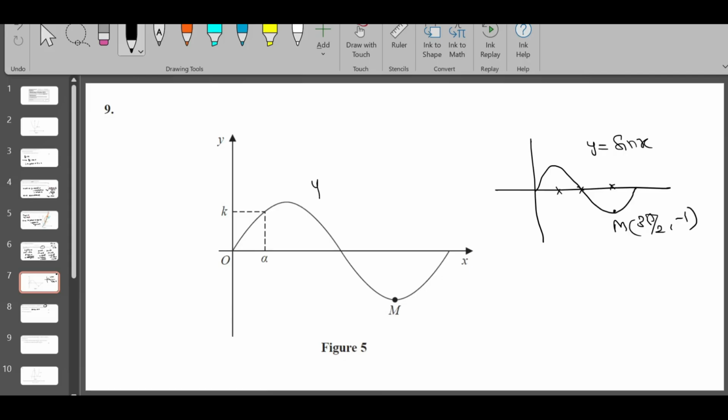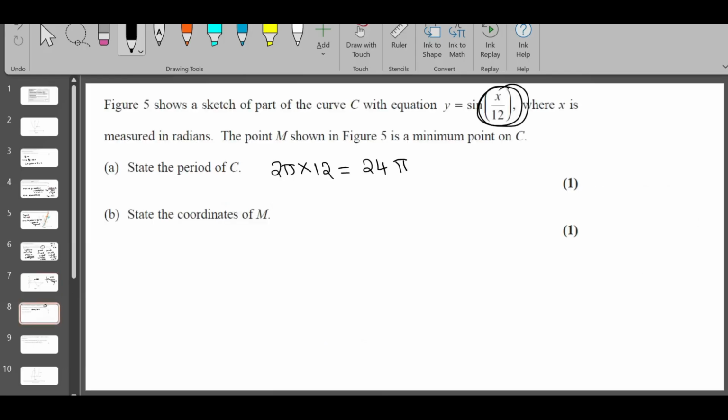Now it's y is equal to sine x over 12. So you need to multiply this x coordinate by 12. So you can write it as 12 times 3 pi over 2, comma minus 1, which is 18 pi, comma minus 1. That's the coordinates of M.